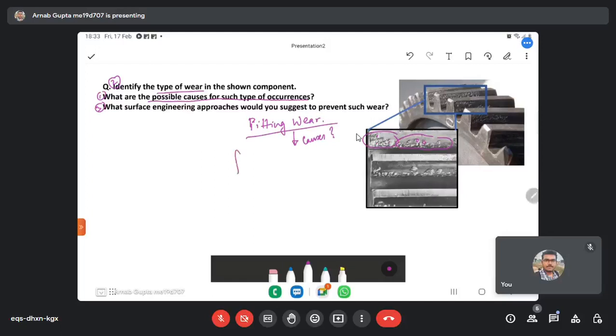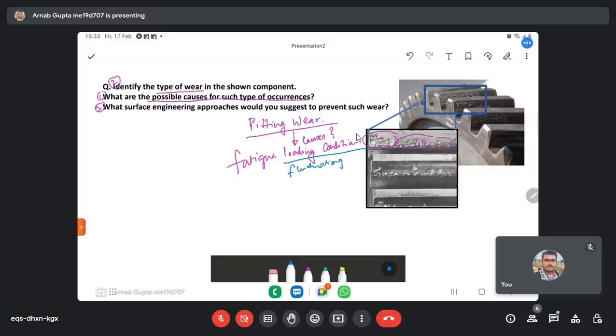You should have a loading condition which may lead to fatigue. So you have fluctuating load. Why fluctuating?